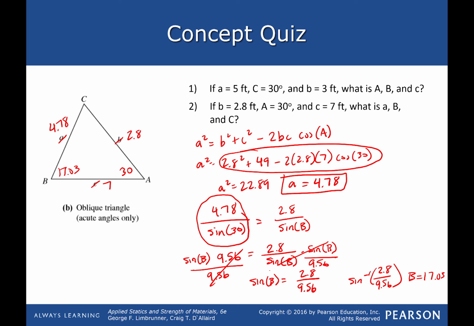Now I've got two of the angles. It's time to get the last angle. I'm just going to use the fact that there's 180 degrees in the triangle to solve for the last one. So 180 is equal to A plus B plus C, and therefore 180 is equal to 30 plus 17.03 plus C. So 180 minus 30 minus 17.03, I get that C is equal to 132.97.